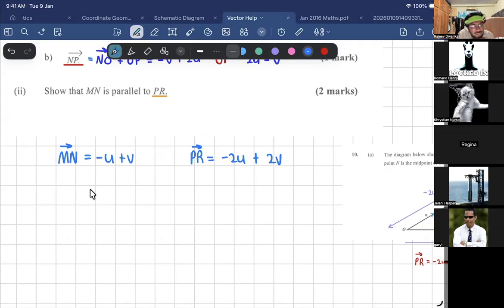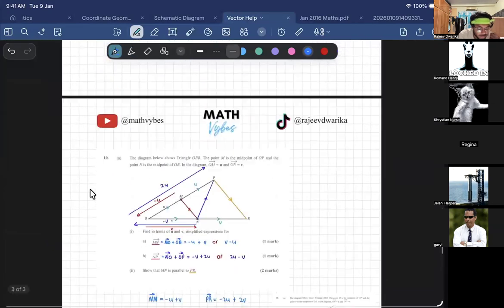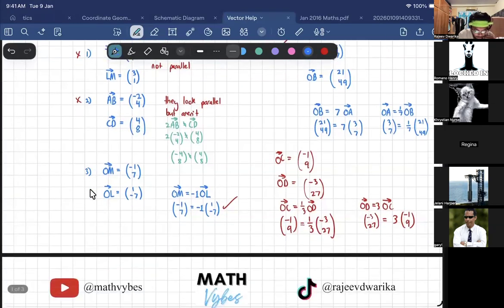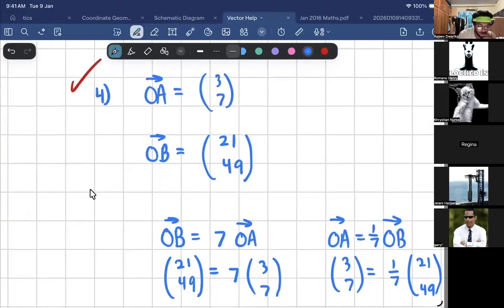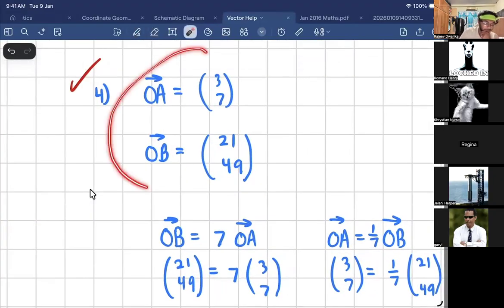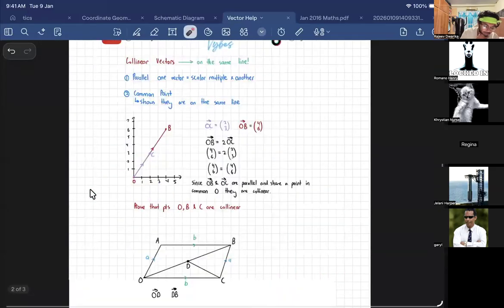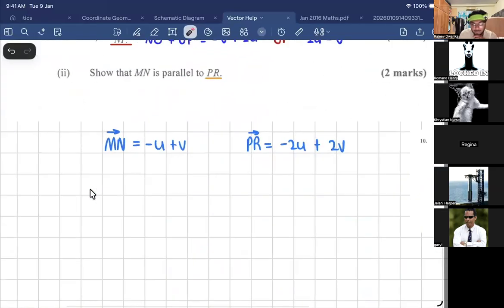Repeat, I don't understand. All right, check this out. It sounds complicated when I say it, but the concept is simple. Let me show you what I mean. When you saw this example earlier, were you able to make the connection that OB would be equal to 7 times OA? Yes, sir. Well, it's the same thing we're trying to prove here. It just looks a bit more complicated.